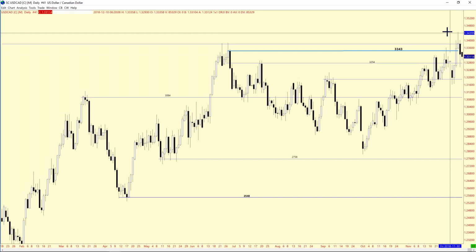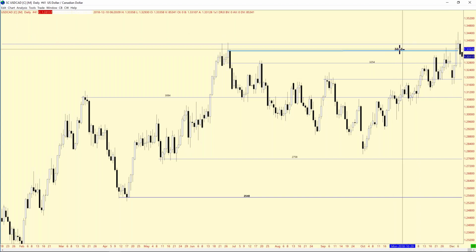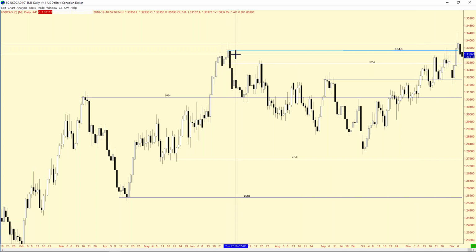So this is your line of demarcation, 33.43 on here. You wouldn't want it to close above that. That basically would negate it, though for those who want to insist on still holding, you definitely don't want this to close back above 33.43.